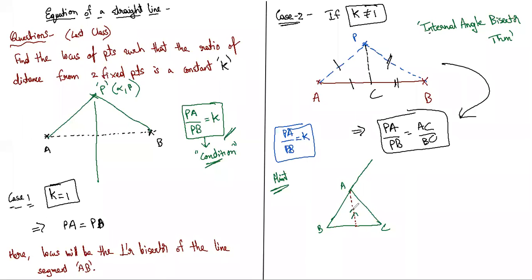Then you draw a line parallel to this through vertex C. Let us call this point B. So these two are parallel.